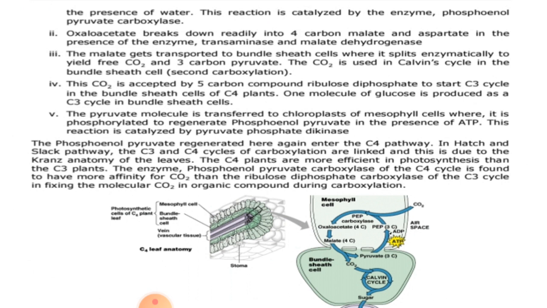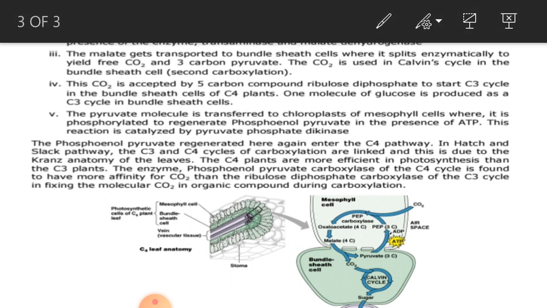In the second reaction, the oxaloacetate breaks down into 4 carbon malate and aspartate in the presence of the enzymes transaminase and malate dehydrogenase. The malate gets transported into bundle sheath cells where it splits enzymatically to yield carbon dioxide and 3 carbon pyruvate.